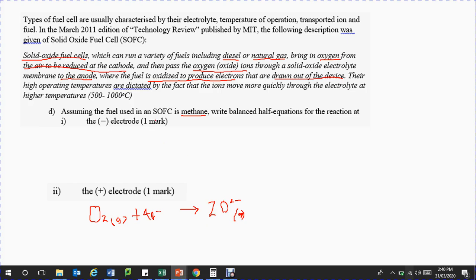Then it's saying those oxide ions move through the solid to the anode where the fuel is oxidized to produce electrons. So I've got my fuel, which was methane, as it told me in the information, and it's reacting with these oxide ions.